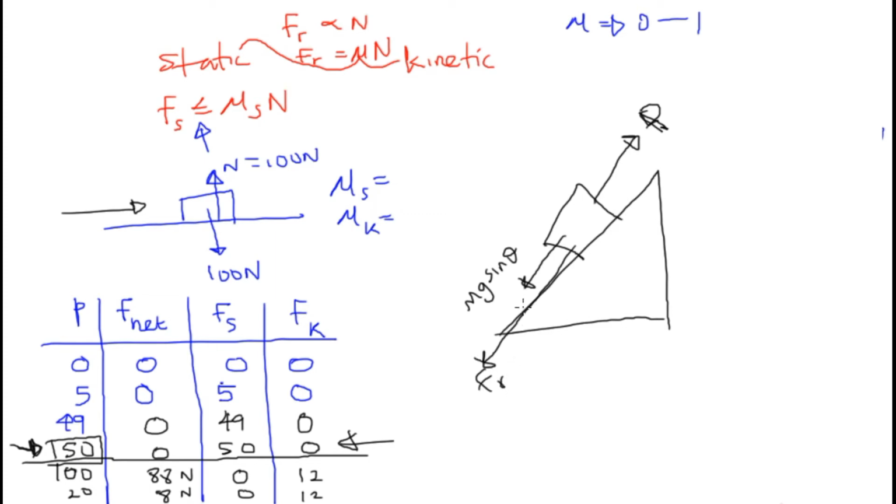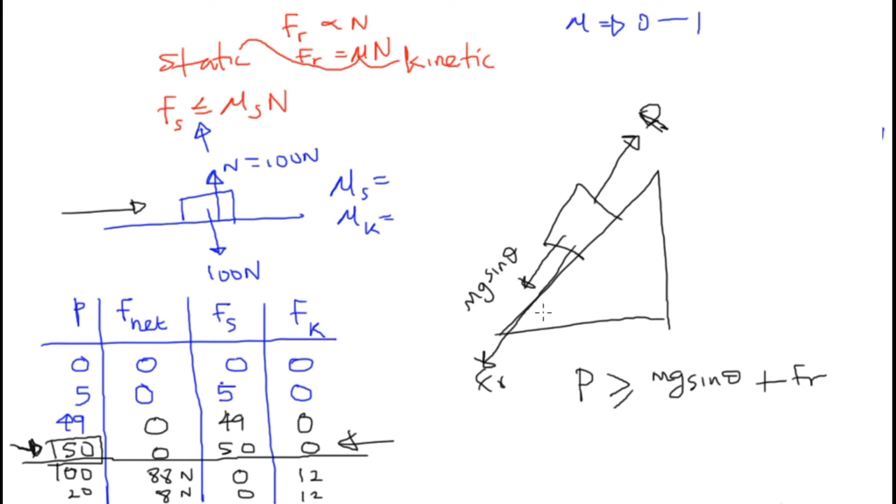Now the implication of what we have discussed is that for the object to move up the inclined plane, P must be greater than or equal to the sum of the forces opposing the motion, the sum of mg sine theta plus the frictional force.